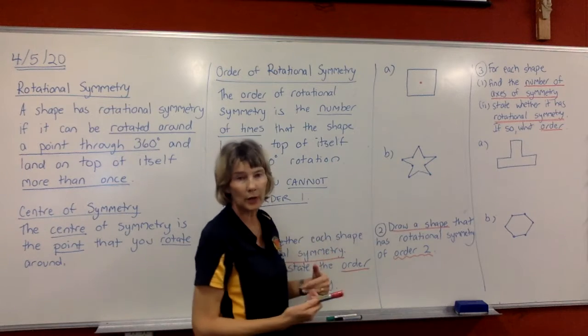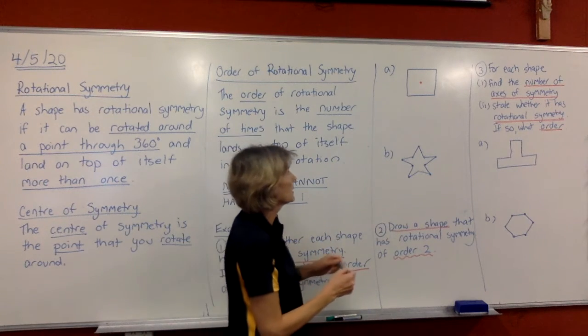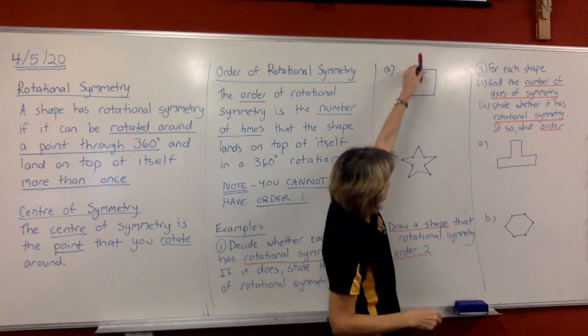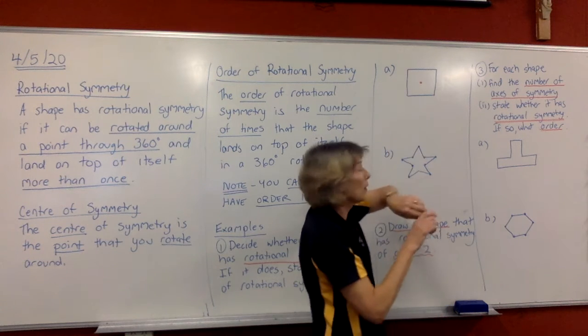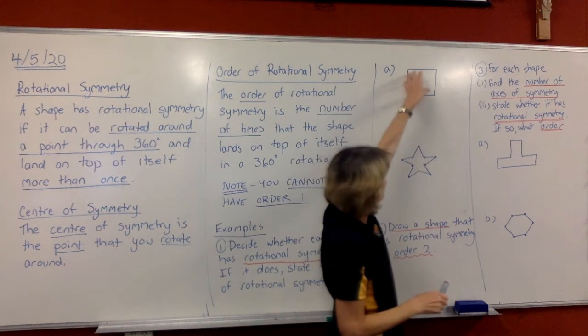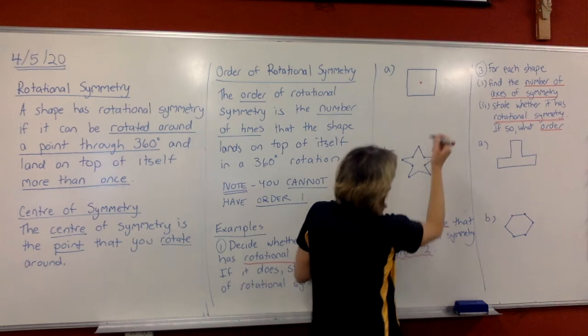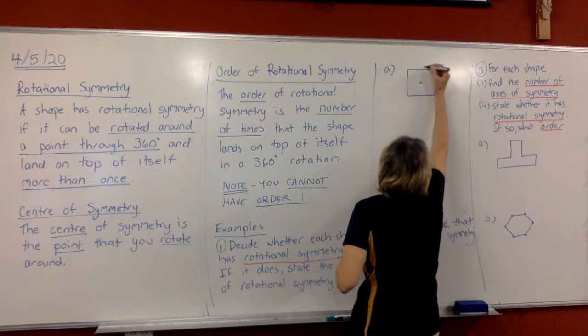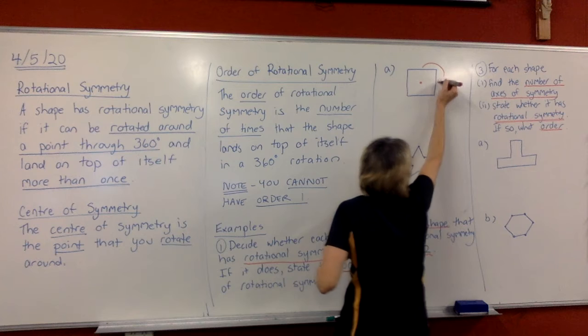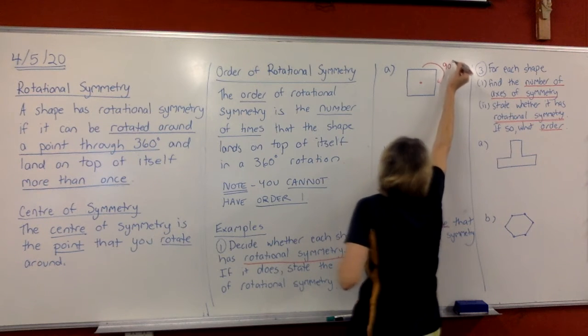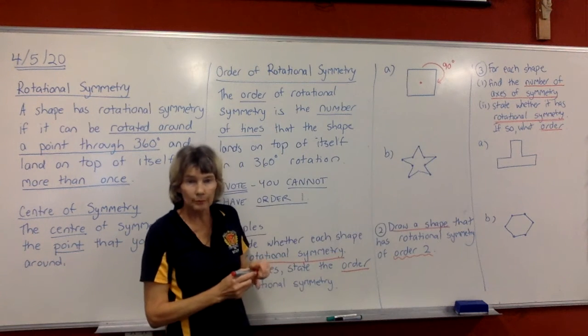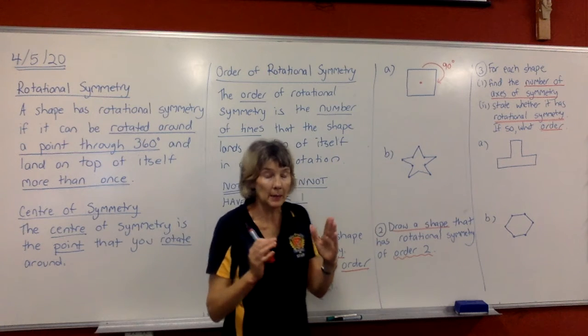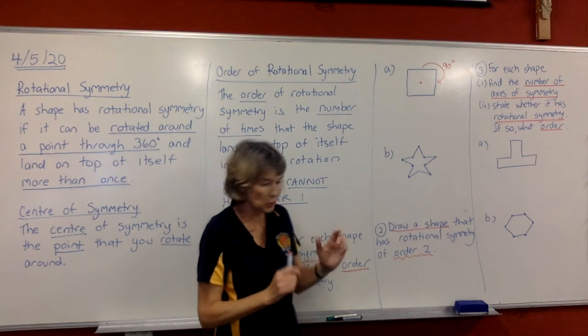It doesn't matter if you go the other way, but just so we're all talking about the same thing. We're going to start here and rotate. If we spin this through 90 degrees, this side will move to there. If you get a square piece of paper and do what I'm asking you to do, you'll see it.